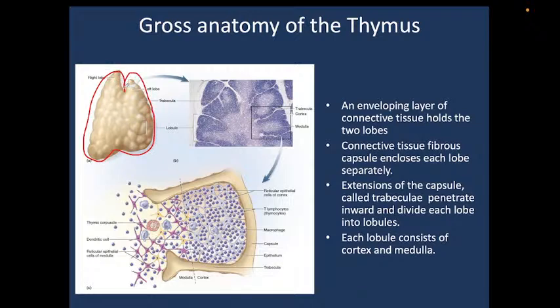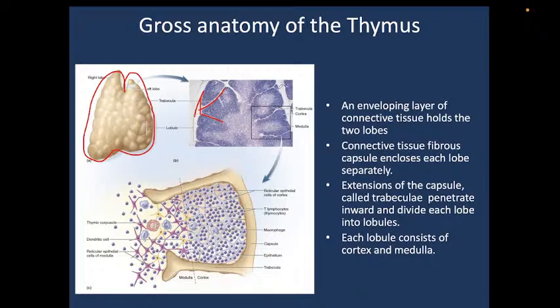This is the fibrous capsule, and it gives trabeculae, septa coming into the lobes and penetrating in the lobes and dividing each lobe into lobules.